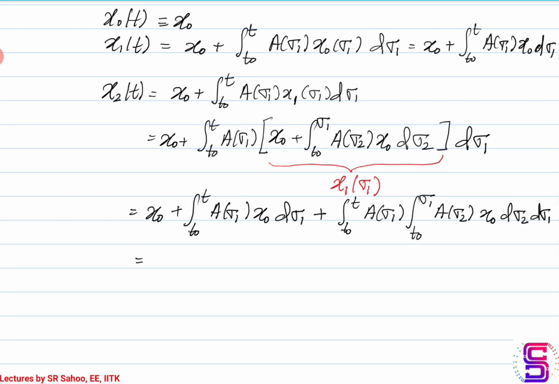Which I can further write with I, the identity matrix.